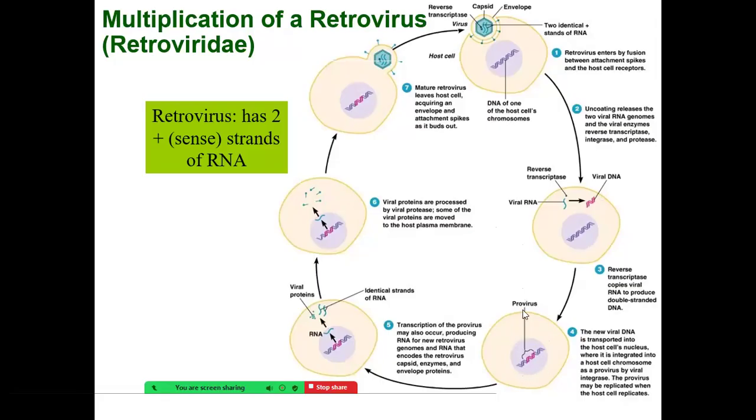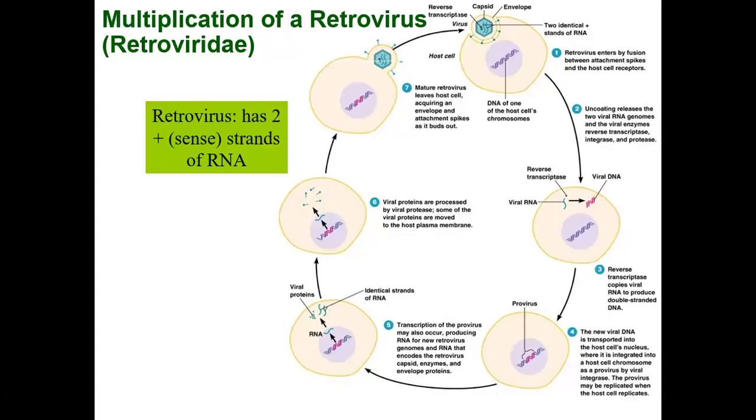It can integrate in different locations in different cells. And so a retrovirus does increase your risk of cancer, mainly because the viral DNA is integrating almost at random. It's not quite random, but it's integrating at different locations in different cells. And so for our purposes, we'll just say it's integrating into the host chromosome at random.